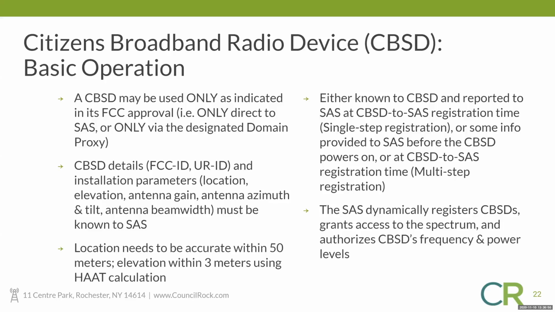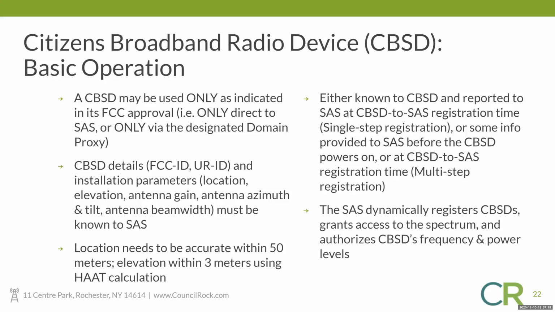Some devices will be able to convey this information on their own, but it still needs to be validated by the CPI. The location accuracy needs to be within 50 meters horizontally, and within 3 meters vertically for the elevation.